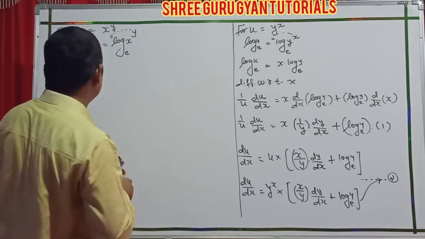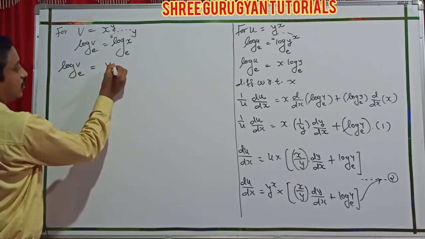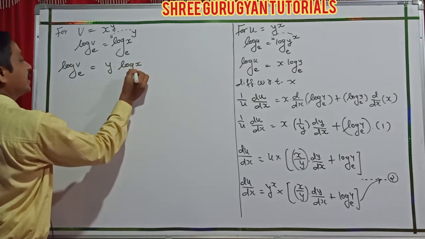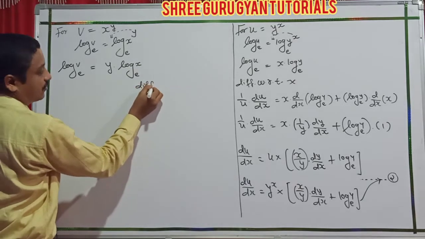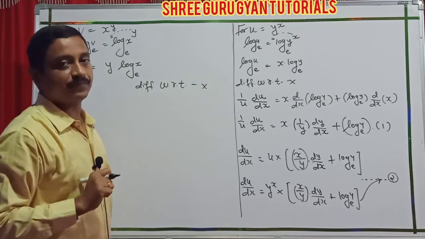So you get log v to the base e equals y into log x base e, and start again differentiation with respect to x.